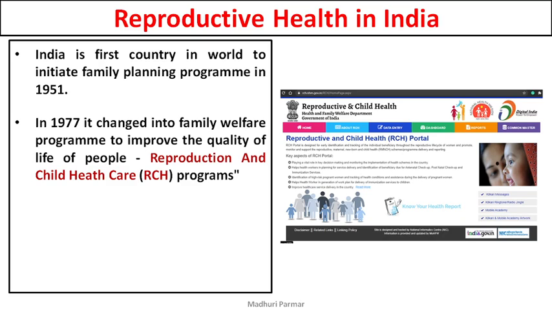Now, you may have known that on your grandfather's or grandmother's side, they have many brothers and sisters, right? They might have six, seven brothers and sisters. Before independence, there was no clause or program which told people that they should have only a few children.